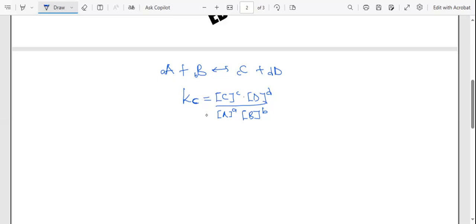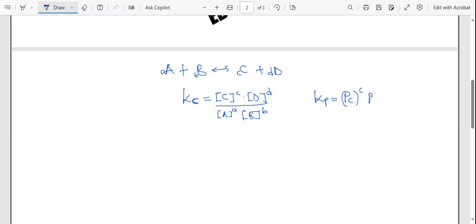Similarly, if we have Kp, then in terms of partial pressure, or just pressure, we have the partial pressure of C. Partial pressure is not a concentration, so we put the brackets like this, raised to the power c.